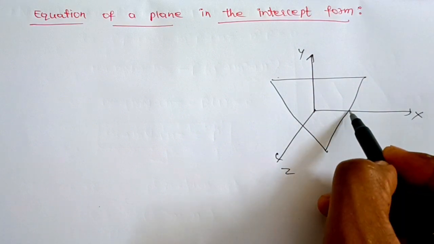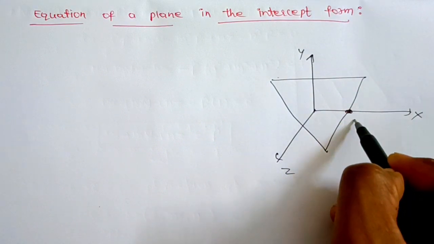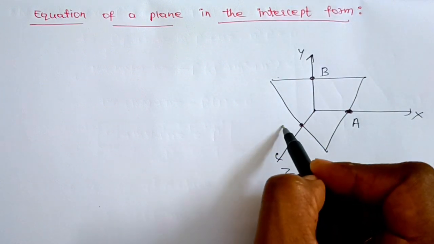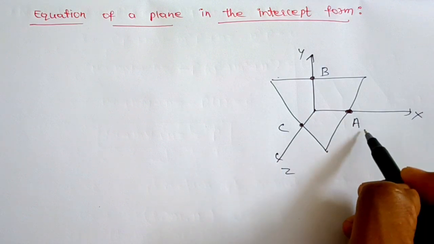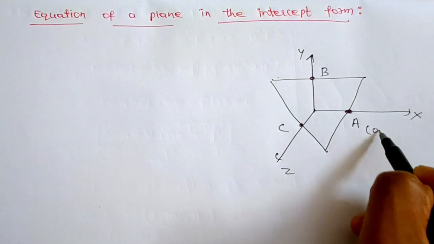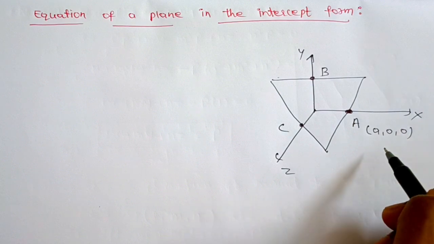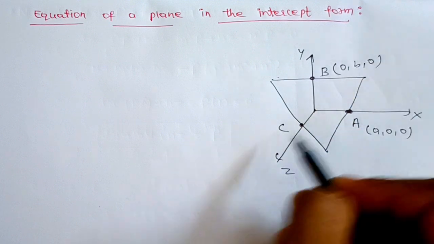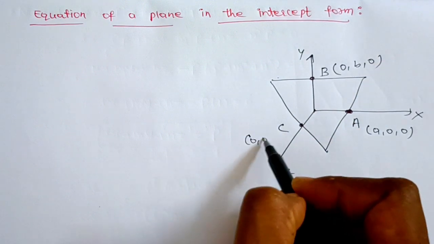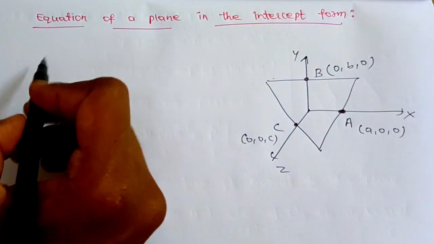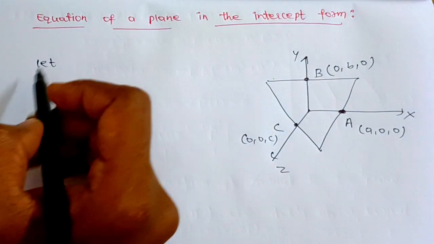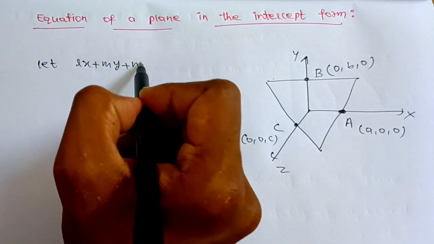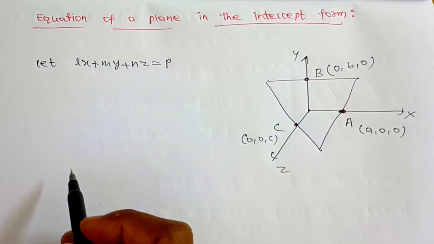This plane meets the x-axis at point A, y-axis at point B and z-axis at point C. So clearly you can consider the point A as (a, 0, 0), the point B as (0, b, 0) and the point C as (0, 0, c).